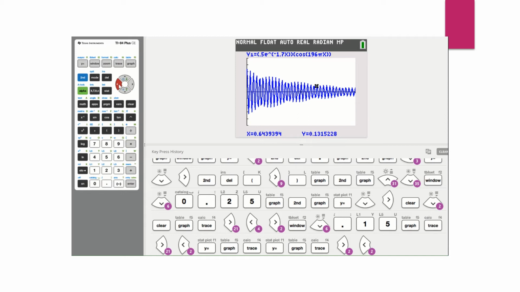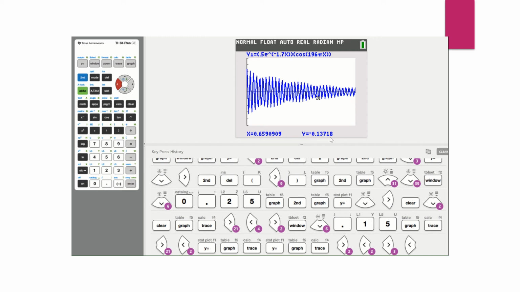Let's move down to the bottom. And here, when x is 0.65, we're about between 0.64 and 0.65 on our x value.